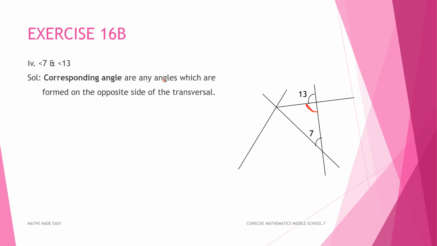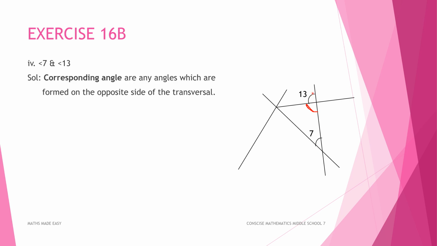See, corresponding, this is the definition. Corresponding angles are the angles which are formed on the opposite side of the transversal line. See, this is a transversal line here because it is passing through the two lines. This is one line and that is another line, and this line is cutting those two lines.